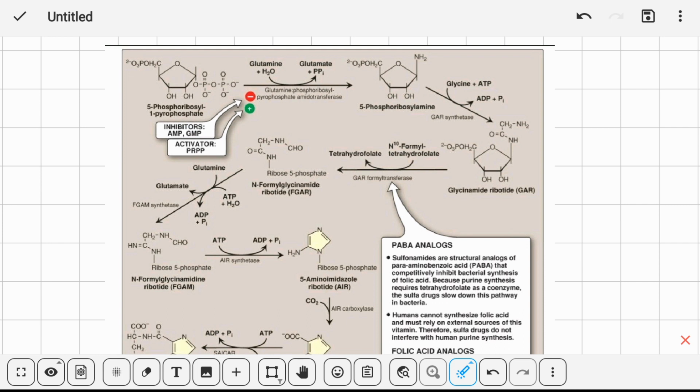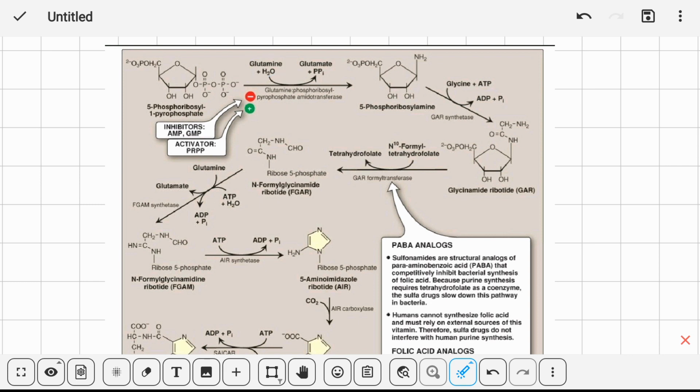The whole enzyme name is glutamine phosphoribosyl pyrophosphate amidotransferase, a very difficult name, so let's just go with the name GPAT. PRPP is converted into 5-phosphoribosyl amine under the enzyme GPAT. Glutamine is used here. It is then converted into glutamate and excreted out.